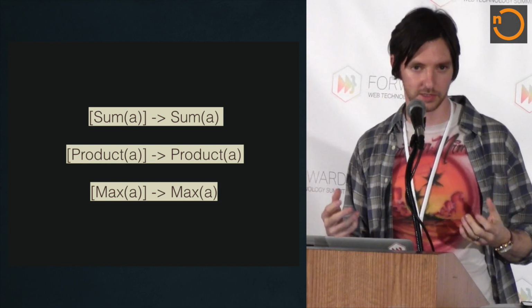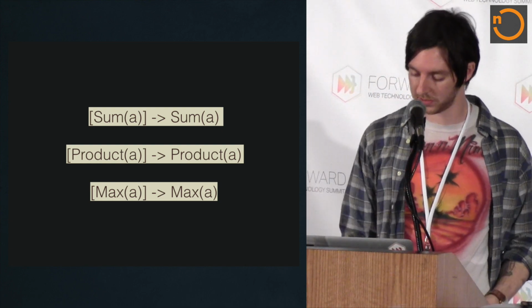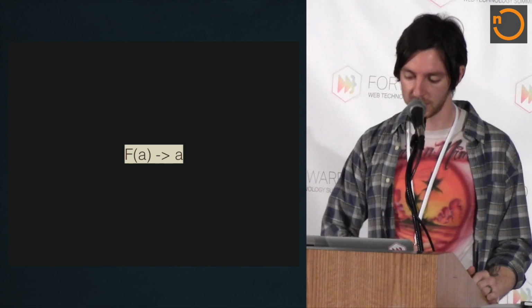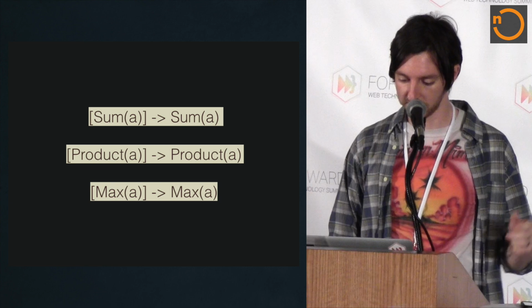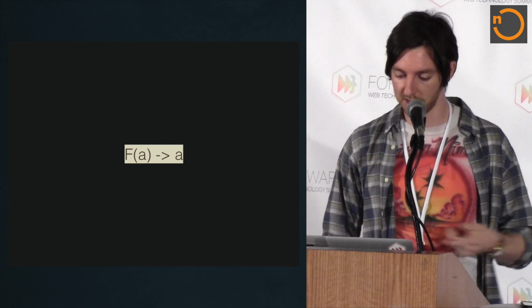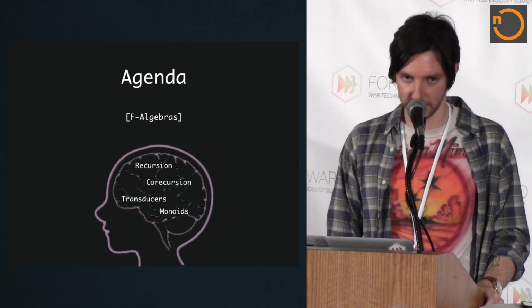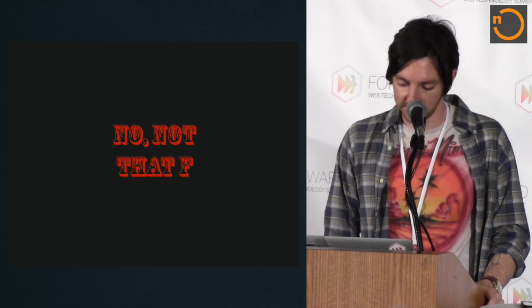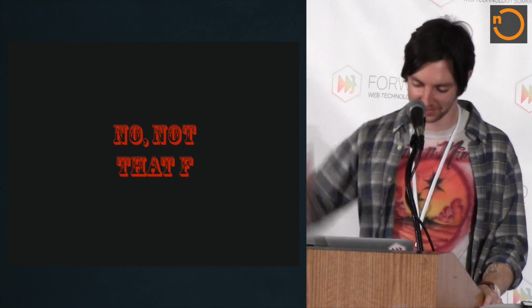That's kind of the idea behind folding, right? If I reduce a list of things, I'll get one value. And this F of A to A, even though the type is a list of another type, that's called an algebra. So let's look at F-algebras. And no, not that F. A lot of people are like, F-algebra.